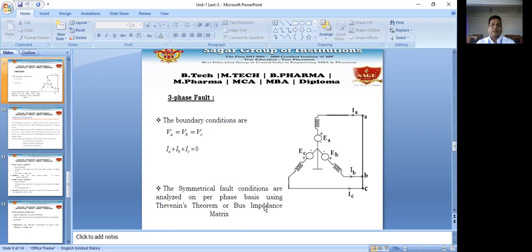The symmetrical fault conditions are analyzed on a per phase basis using Thevenin's theorem or the bus impedance matrix.